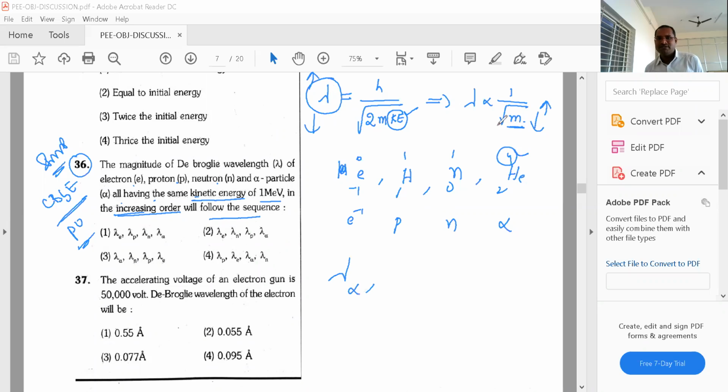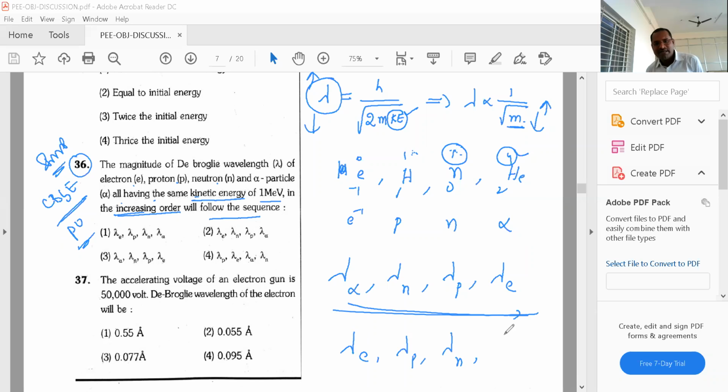Then neutron and proton are similar, but compared to proton, neutron mass is more. So lambda of neutron, next lambda of proton, then lambda of electron. I have written decreasing order. So increasing order means lambda of electron, lambda of proton, lambda of neutron, and lambda of alpha.